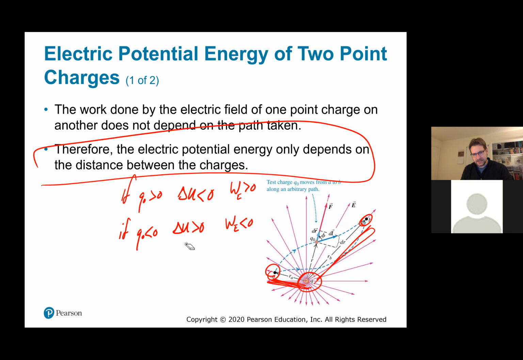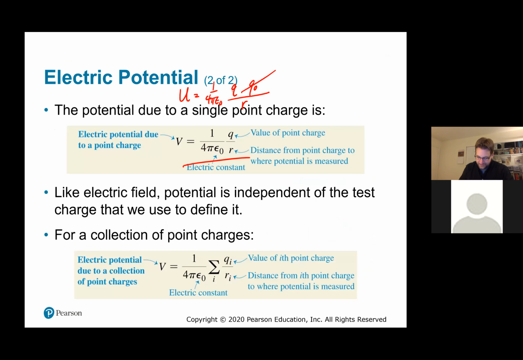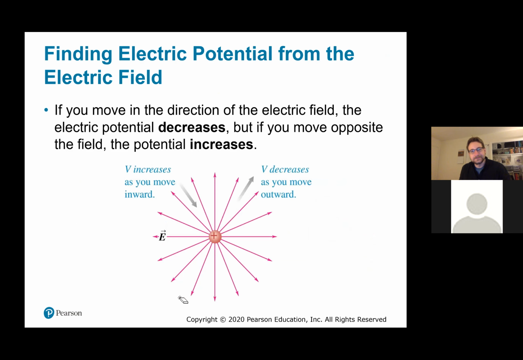If the test charge is positive, then the change in potential energy is negative for this particular path from A to B. So how does that, wait, how does that work with this slide?